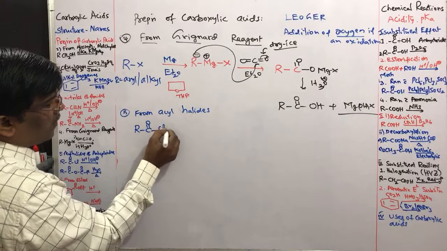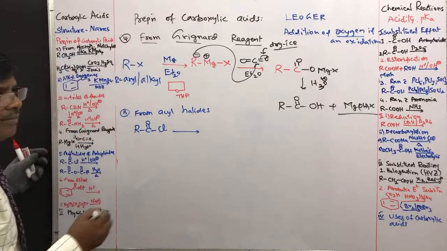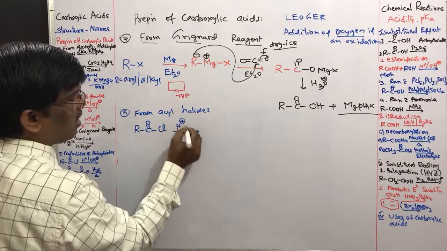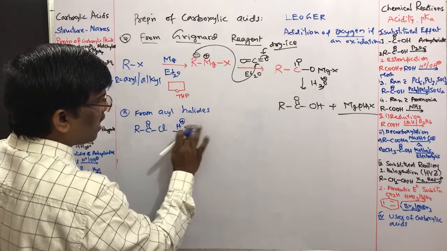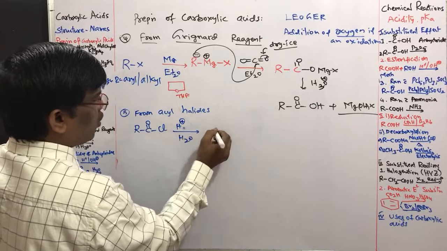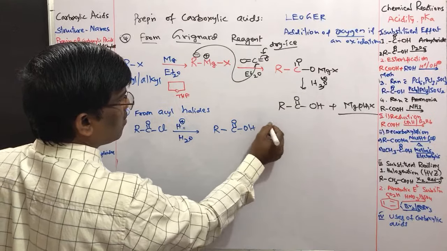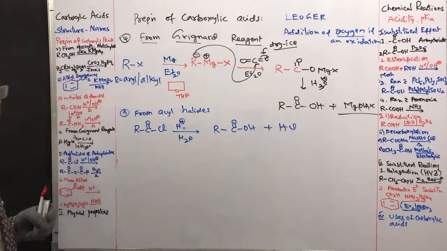For example, if I write the acyl chloride and do the hydrolysis in the presence of H plus and water, acid hydrolysis, I am going to get RCOOH plus HCl.